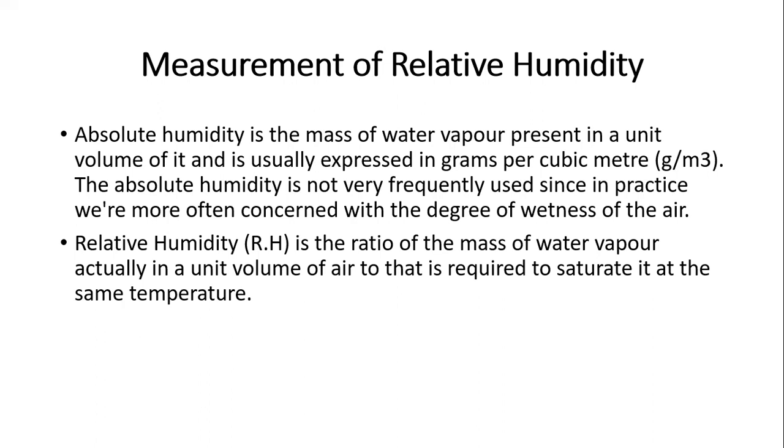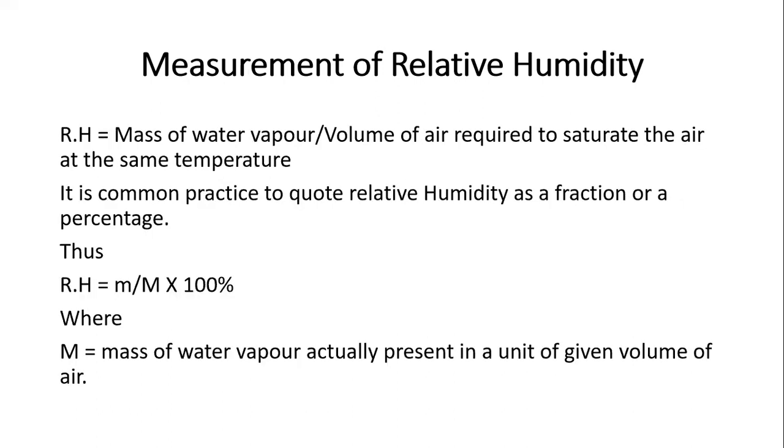Now let's move on to relative humidity, which is simply the ratio of the mass of water vapor actually in a unit volume of air to that required to saturate it at the same temperature. It is common in practice to quote relative humidity as a fraction or a percentage.